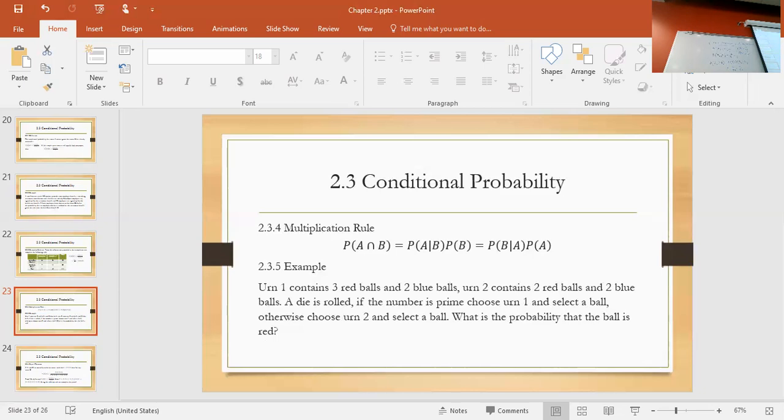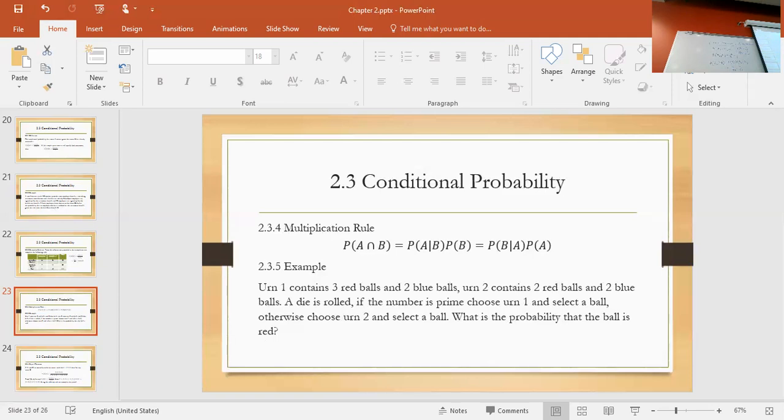So with this kind of problem, we will want to use a tree diagram. We could use a tree diagram for the first problem as well. First card is S, is not S. Second card is S, is not S. So the first thing to do is to roll a die.